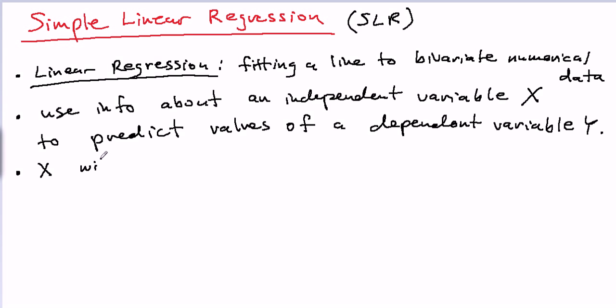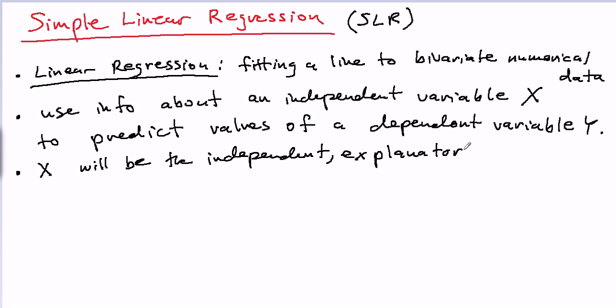It goes by a couple of synonyms: independent, also explanatory, also predictor, and there are even more, but let's limit it to these 3.